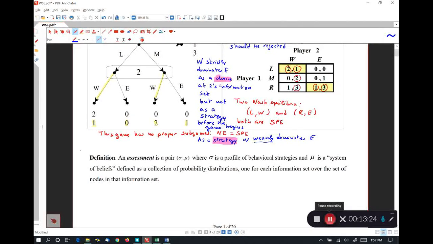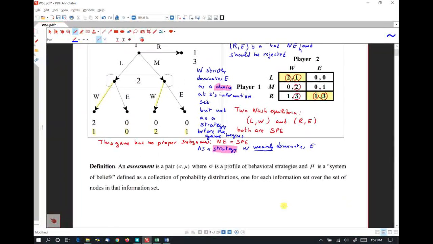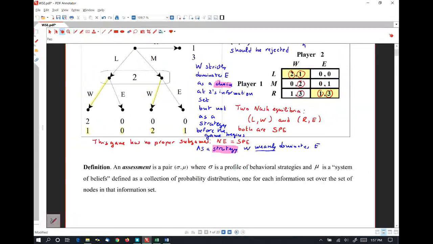So this more complex notion is called an assessment. An assessment is a pair, sigma, W, where sigma is a profile of behavioral strategies. From now on, we'll always assume that the payoffs are von Neumann-Morgenstern payoffs, so it makes sense to compute expected payoffs.